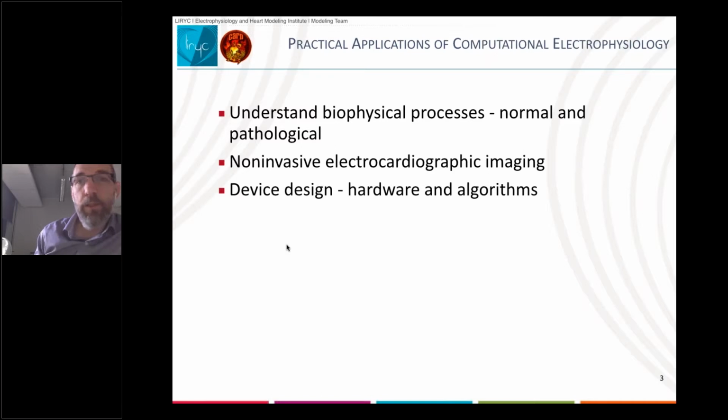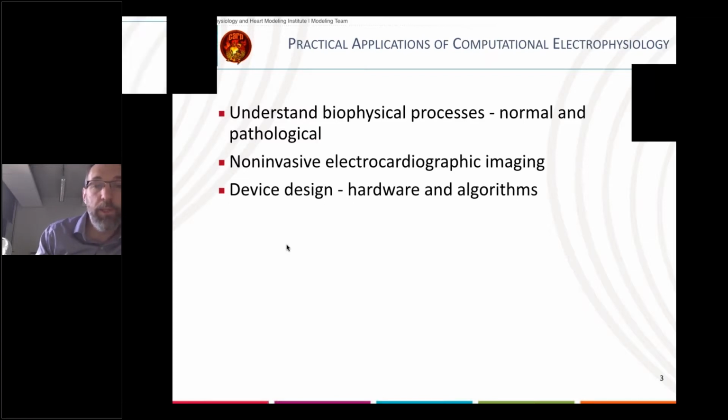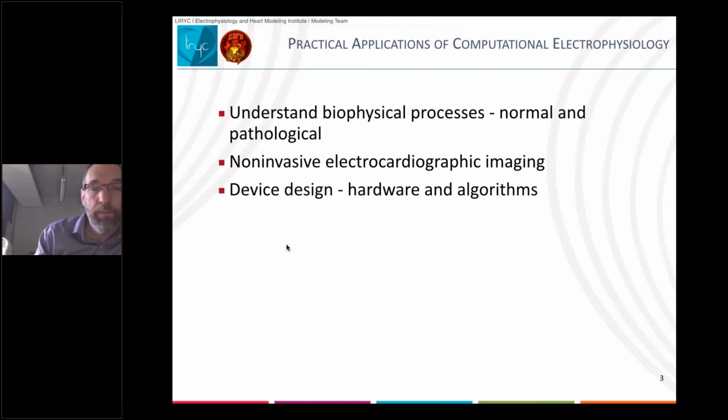We can use it in device design, both for designing hardware, you know, where do we place electrodes, how big should the electrode be, how much current or how much voltage should we use, as well as algorithms. Once we detect signals, how do we process them and what can we do with the signals to trigger the hardware?